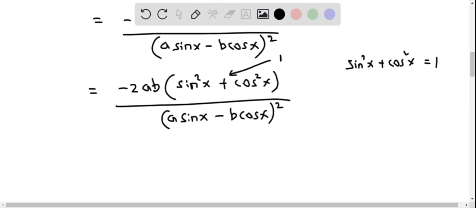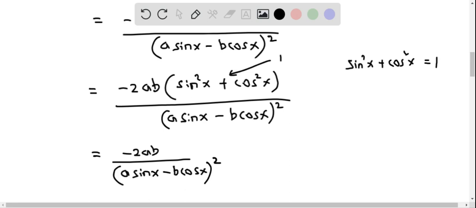So we will get negative 2ab times 1, which is negative 2ab, and this is all over the denominator a sine x minus b cosine x quantity square. So this is the simplified form of the derivative expression, that is dy by dx equals this expression.